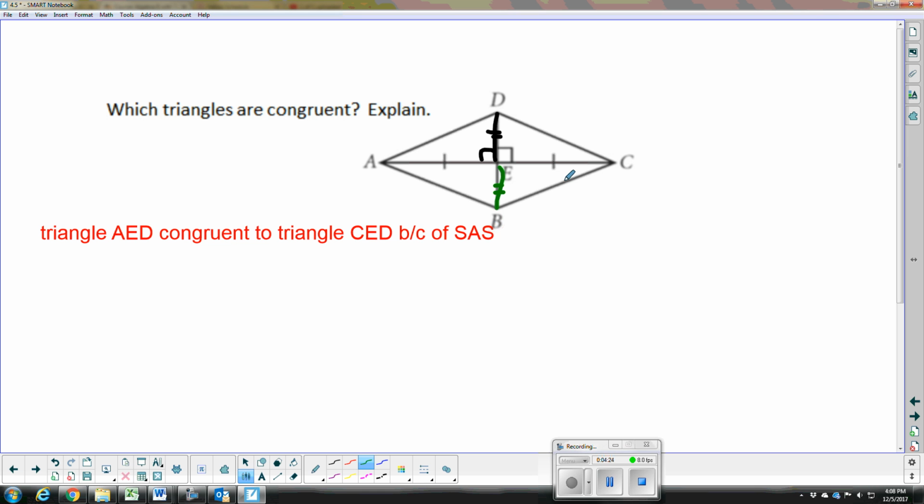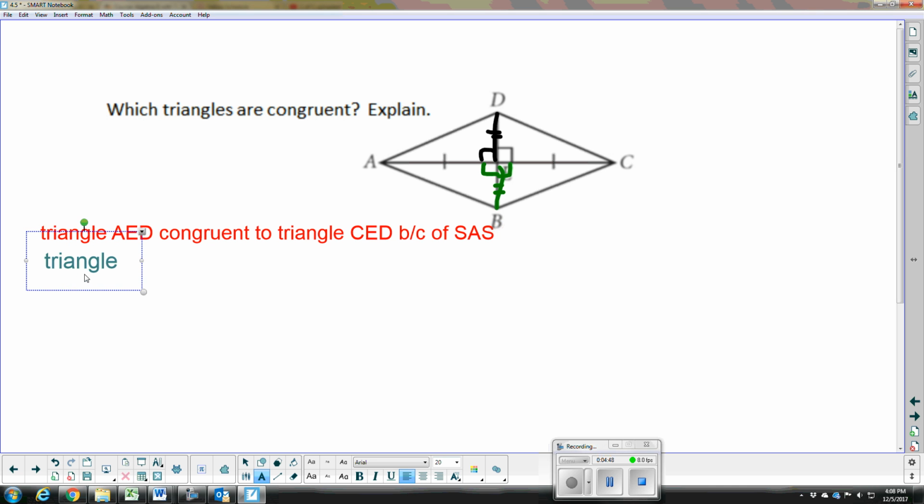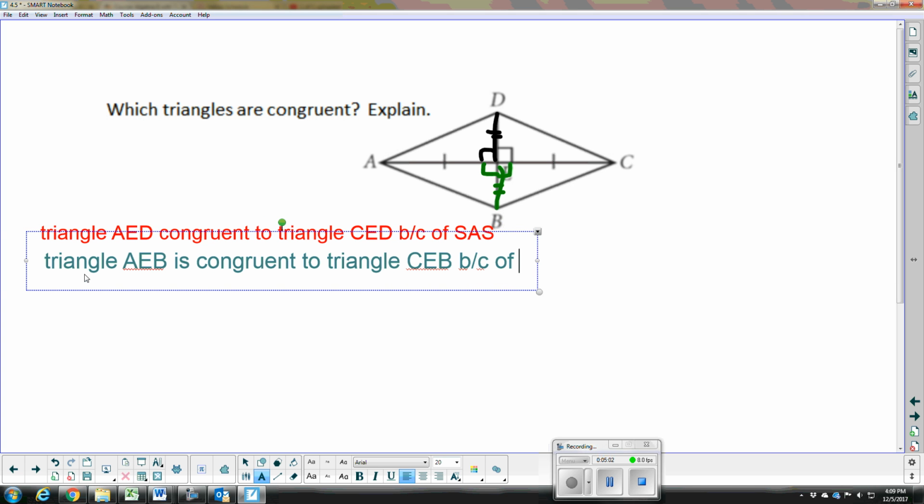So again, we've got a side, and then using vertical angles conjecture and linear pair, we can conclude that these are both right angles. So again, we can use side angle side. So triangle AEB is congruent to triangle CEB because of side angle side.